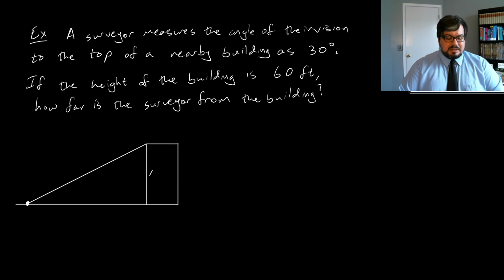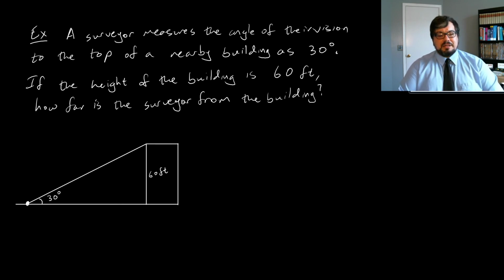And what we're told is that the building has height of 60 feet and that the angle measured between the ground and the view to the top of the building is 30 degrees.